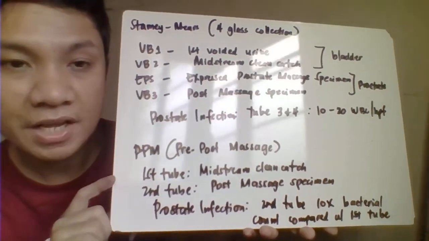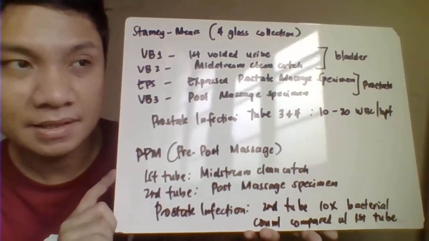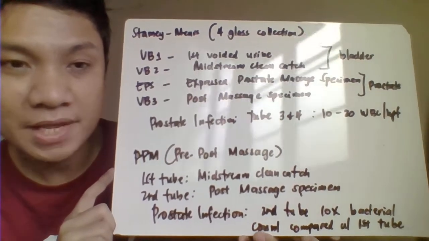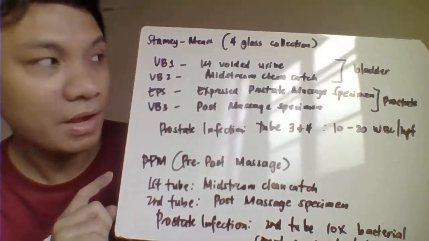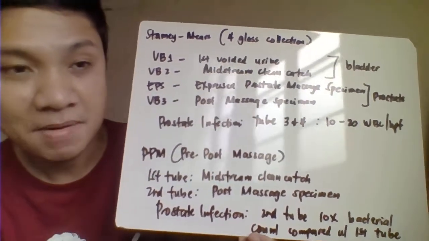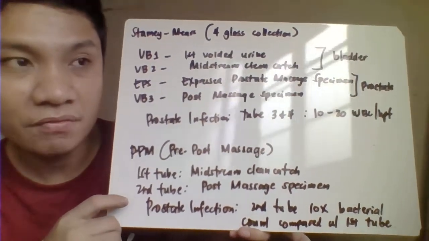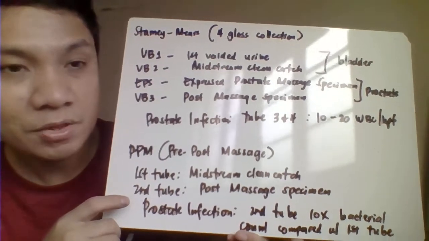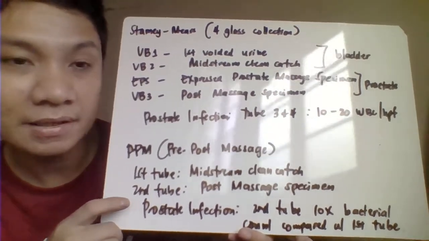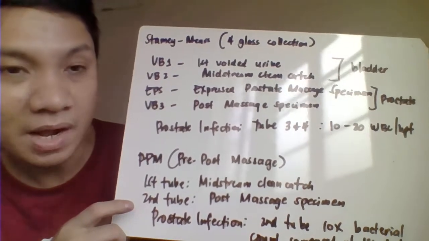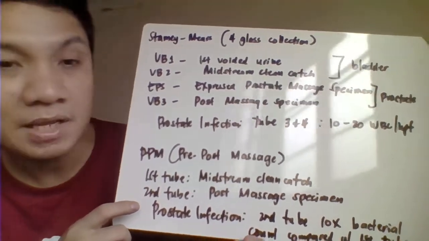Okay, another modification of your prostatitis specimen collection, we have here the 4-glass collection, also called the Stamey-Meares. So we have here the 4-glass collection method. The first tube is your VB1. This represents the first voided urine. The VB2 represents the specimen collected during the midstream clean catch. And we have the EPS or expressed prostatic secretion, the prostate massage specimen.